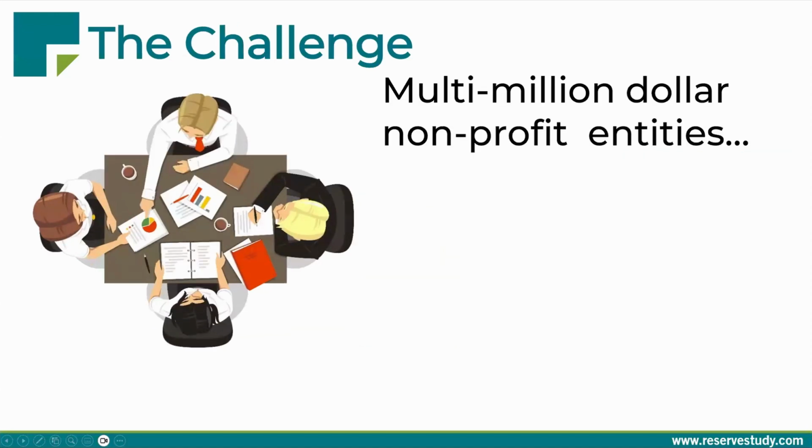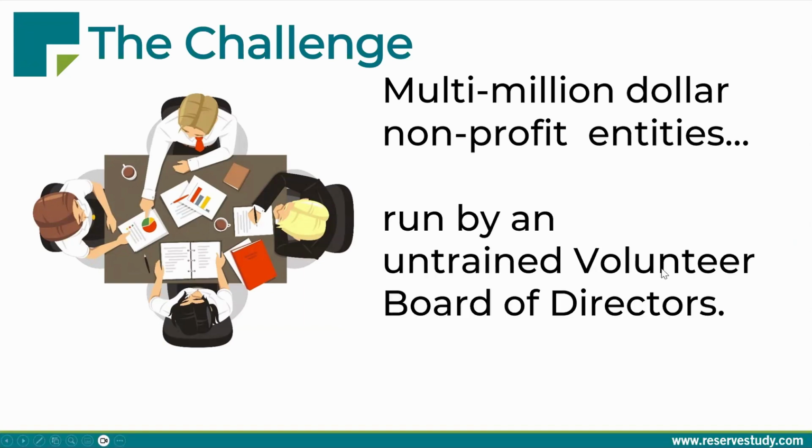And the weak link is that all these community associations all across the country, about 375,000 of them, are nonprofit entities. Each one consists of millions of dollars of home values, but they're relying on the education, the courage, the care, the commitment of untrained volunteer boards of directors to run the show, to make those decisions.